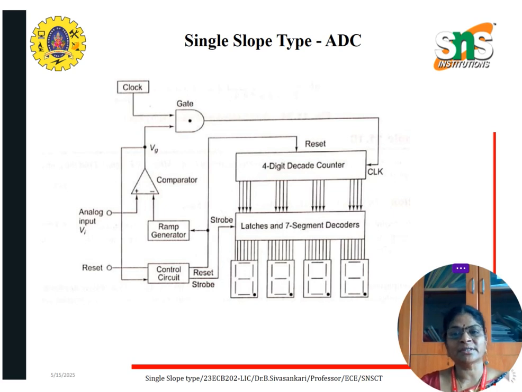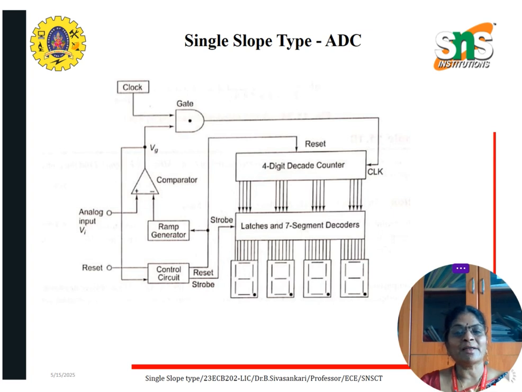This is the block diagram of our single slope ADC, which consists of a clock, gate, comparator, ramp generator, control circuit, counter, latches and 7-segment display. Initially the ramp generator resets the circuit, and once it is reset the value will be 0.